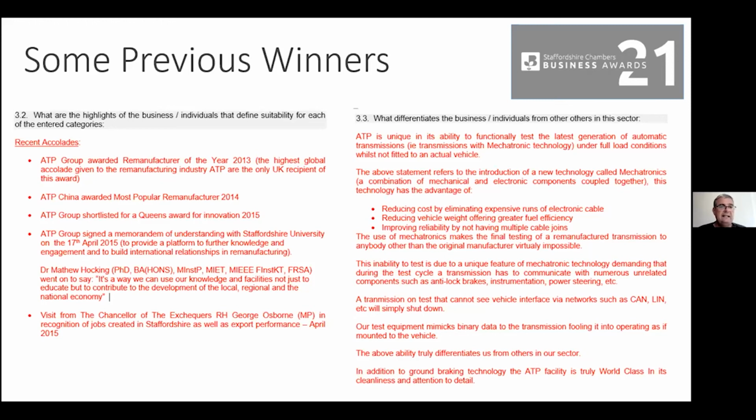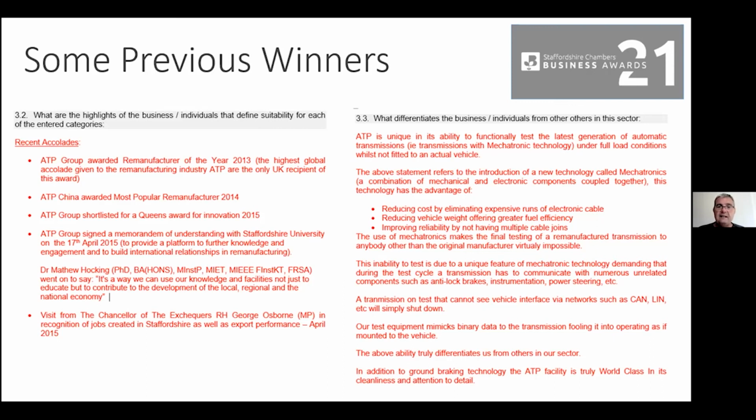So clearly it shows they've understood what the business is delivering, it's entered other awards, and it's been well received, which is one of the reasons it's entering these regional awards. And again, then we go on to what differentiates the business and individuals.